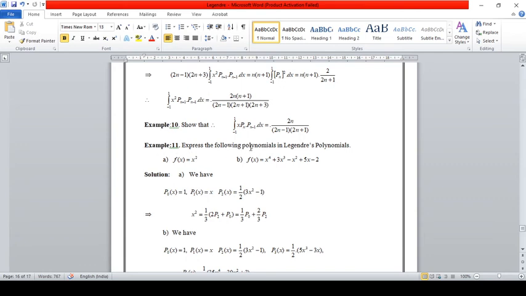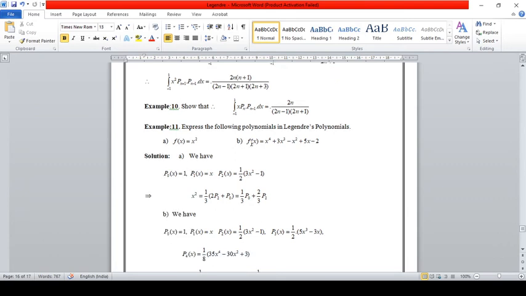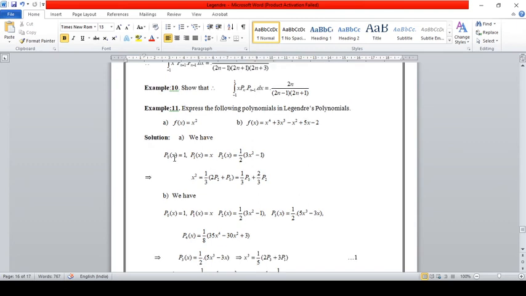Example: express the following polynomials in Legendre polynomials. First, f(x) is equal to x square, and second, f(x) is equal to x raised to the power 4, x raised to the power 3, x square, plus 5x minus 2. Now the solution: we have P0(x) from the Rodrigues formula.